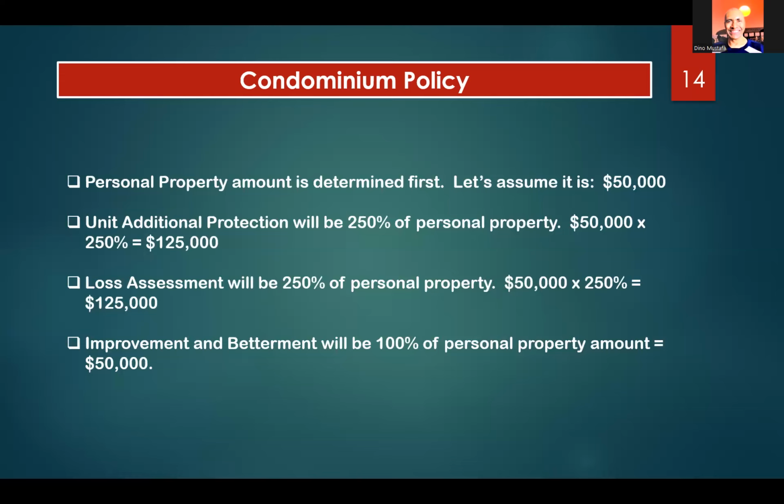Even though in my example here it's restricted to 125, when you put the improvement, loss assessment, and the unit coverage together, to make it 600%, the customer can make a claim for any of these items within the big amount. So each coverage won't be restricted to 50, 125, 125, and 50. No, they'll put it together.